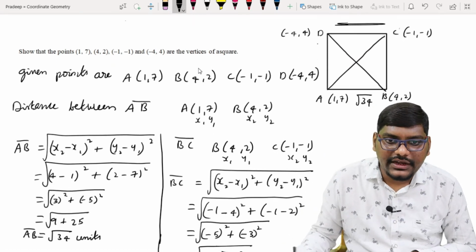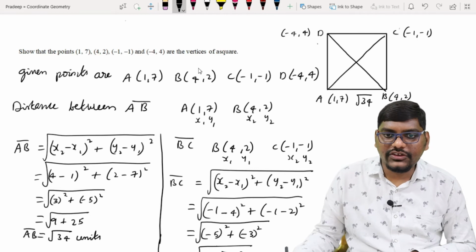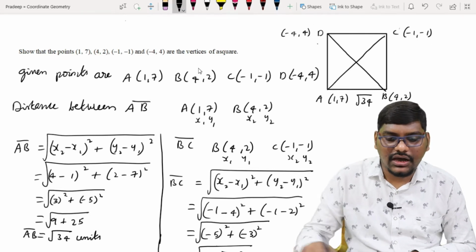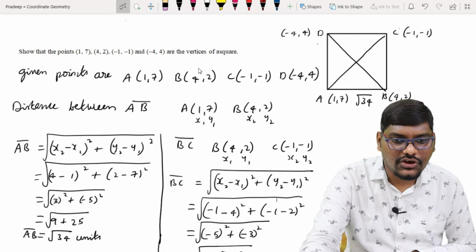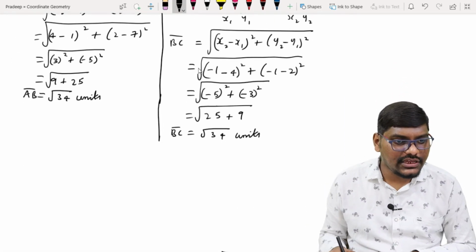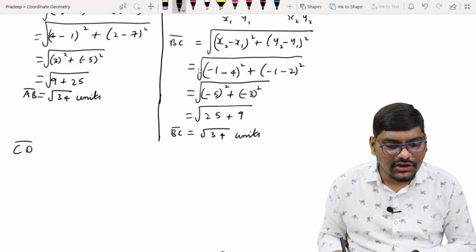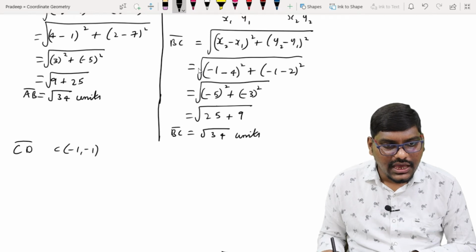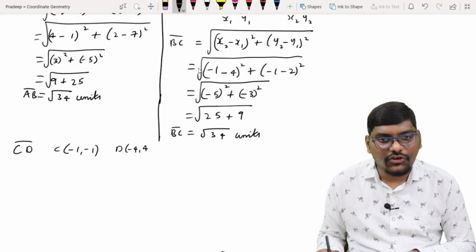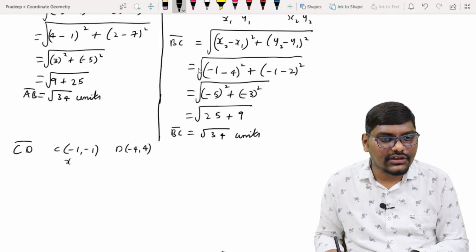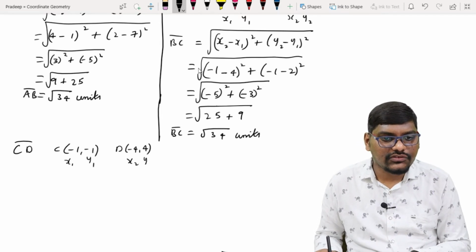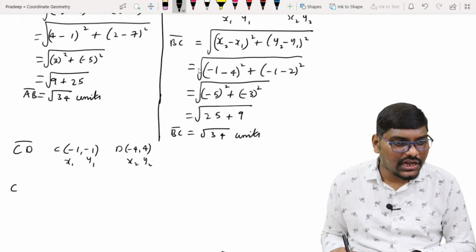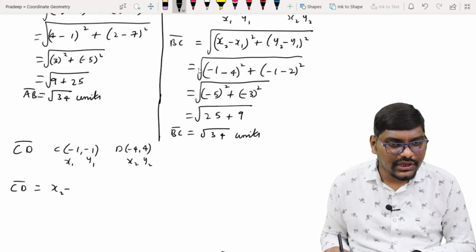Alright, so we got AB, we got BC, and now we'll find the distance CD also. The points are (-1, -1) and (-4, 4). So C is (-1, -1) and D is (-4, 4). This is x1, y1, x2, y2. Let's substitute in the formula: CD equals the square root of (x2 minus x1) whole square plus (y2 minus y1) whole square.